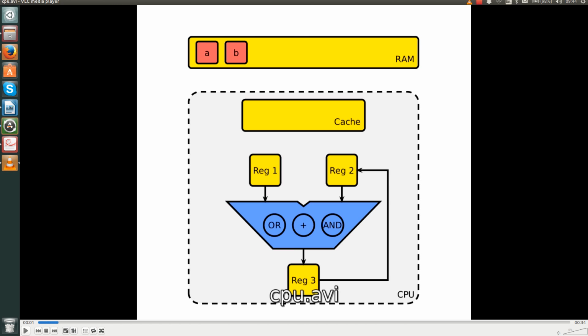The blue block in the middle is the arithmetic logic unit, ALU. Obviously, ALU is a processing subsystem, and it is surrounded by a bunch of yellow blocks, which belong to the memory subsystem. On this picture we can see random access memory, intermediate cache memory, and a set of registers.